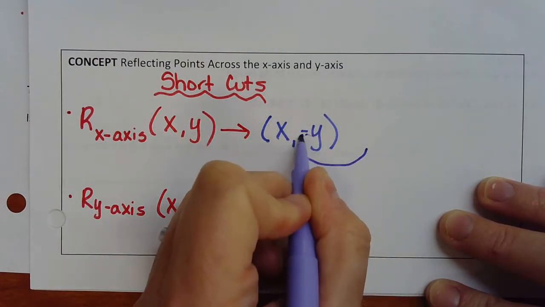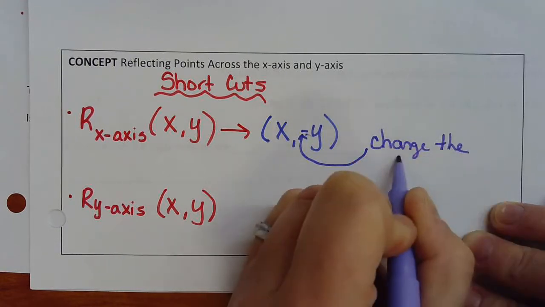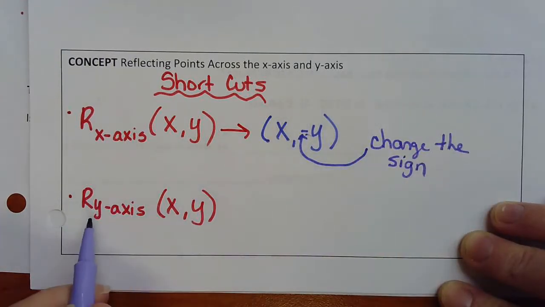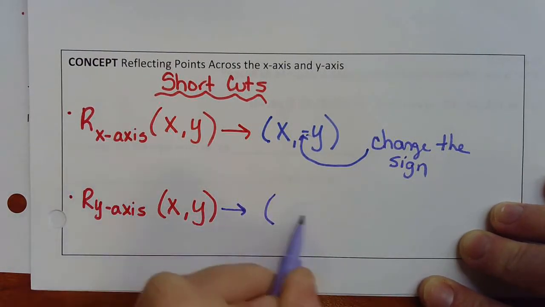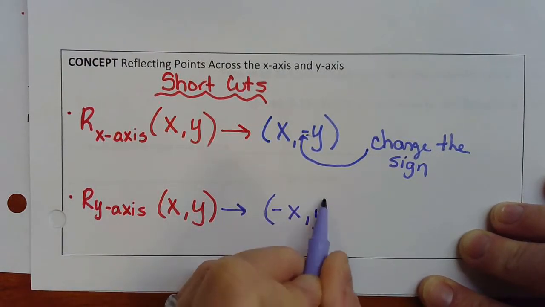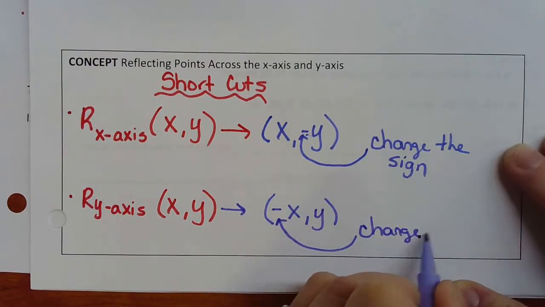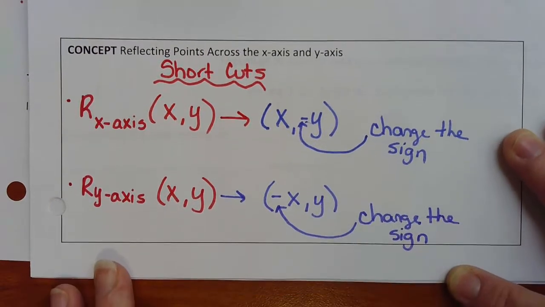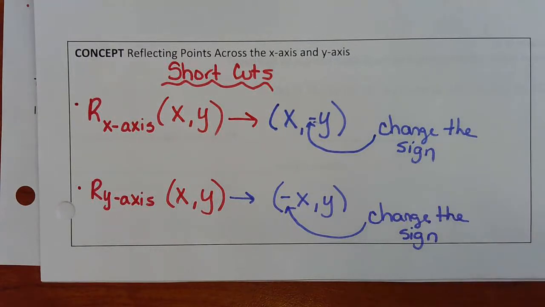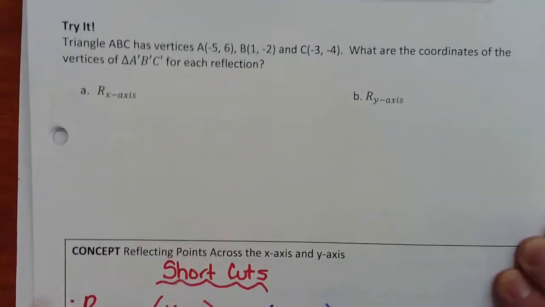That's what that negative means: change the sign. When you reflect over the y-axis, all that changes is the x. So that negative means change the sign. If it's negative, make it positive. If it's positive, make it negative. That's what that means.